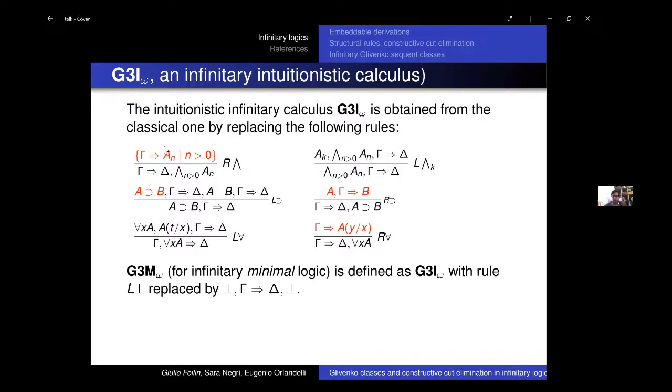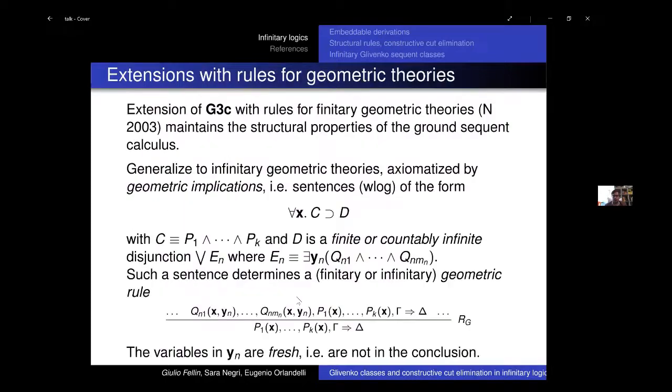So we do the same as we do for the right universal. And then we have the calculus for minimal logic, which is obtained from the one for intuitionistic logic by replacing the left rule for bottom by this initial sequent that has bottom both on the left and on the right-hand side.